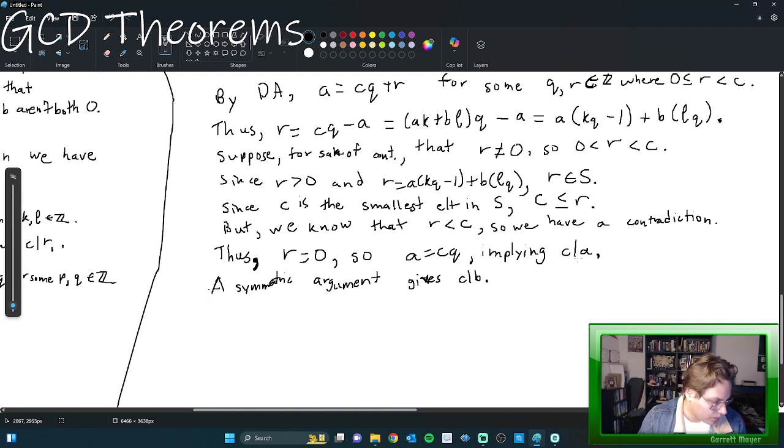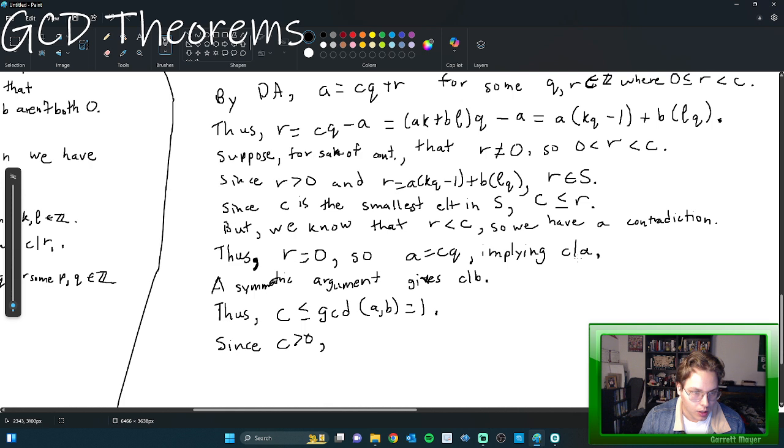So what does this mean? Thus, since C is a common divisor, C is less than or equal to the GCD of A and B, which equals 1, because A and B are relatively prime, which was our basic assumption going into this. So since C is greater than 0, C equals 1.